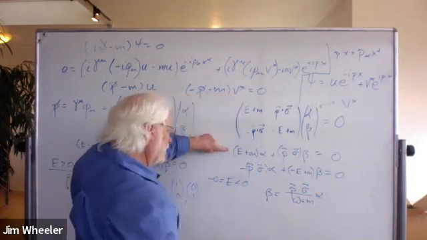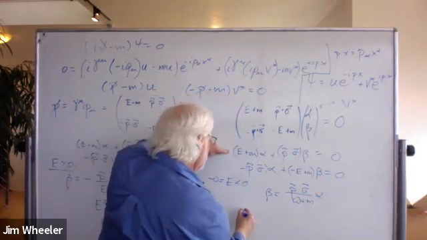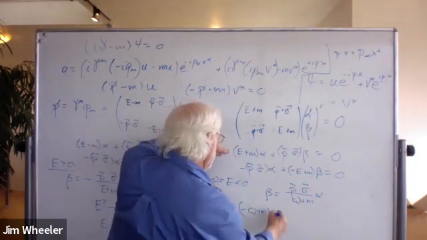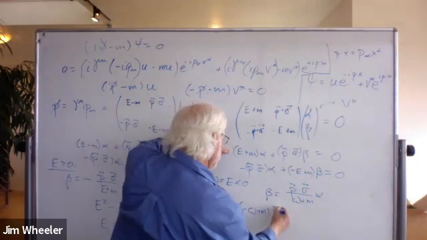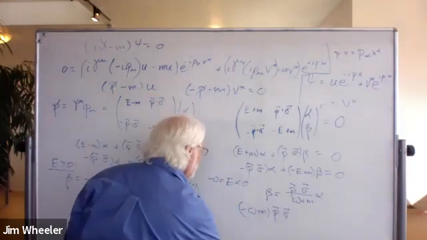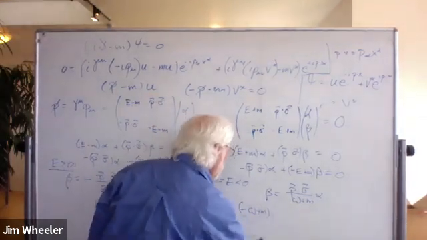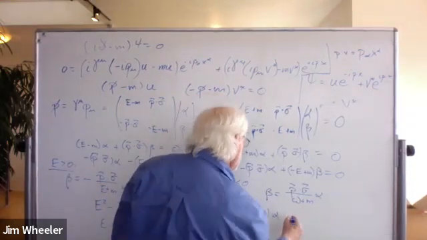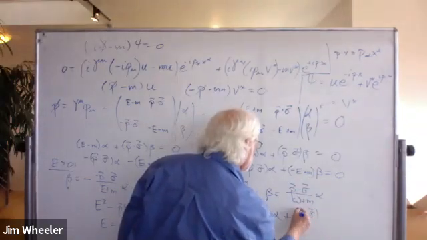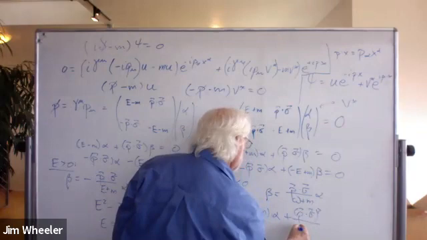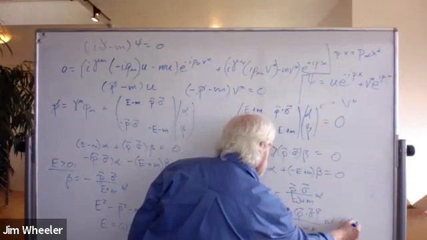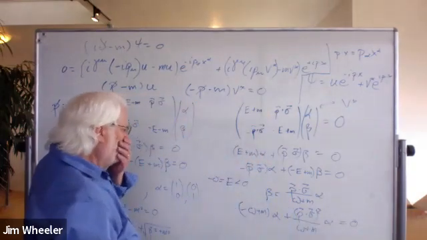If I put this into the top equation, then we have minus omega plus M alpha, let's see, so that's P dot sigma, wait a minute. Oh, I'm doing it backwards, sorry. Alpha plus, okay, beta here is P dot sigma squared over omega plus M was our solution times alpha equals 0. Okay, that looks good.